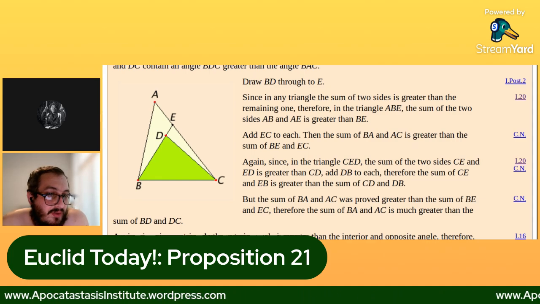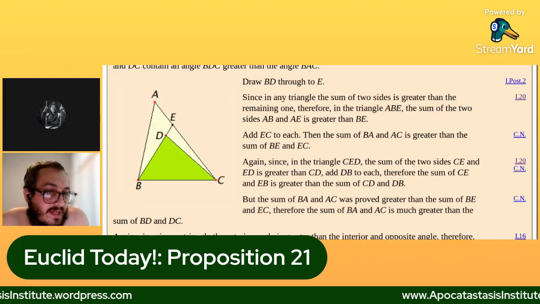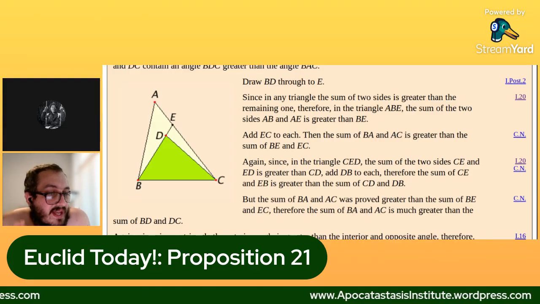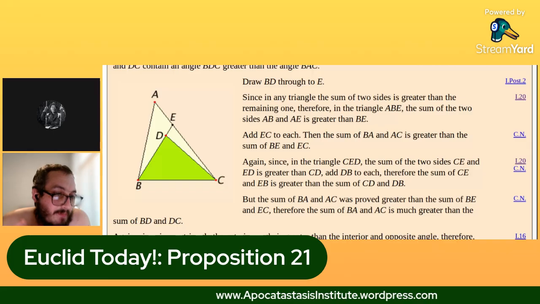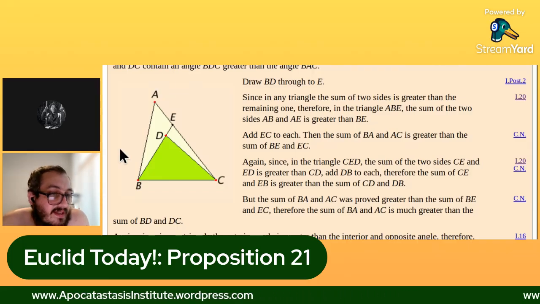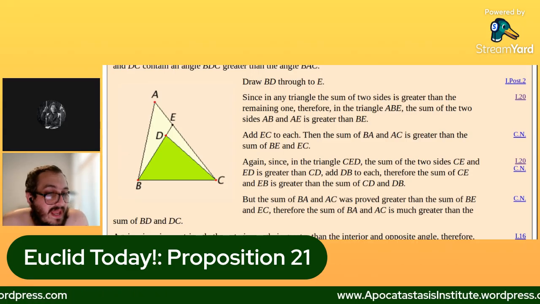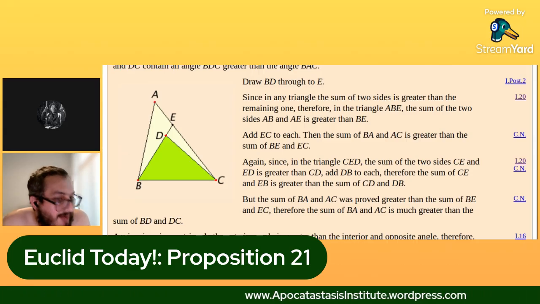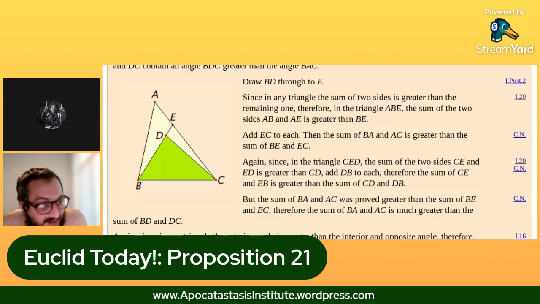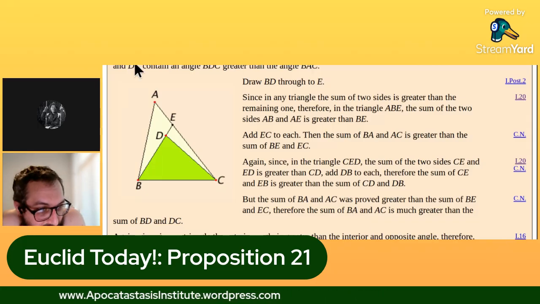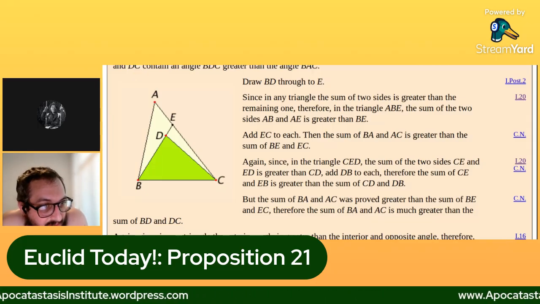So BD plus DC is going to be smaller in length than BA plus AC, but the angle BDC is going to be bigger than the angle BAC. I went through it kind of fast, so feel free to ask me to repeat that if there was any confusion.